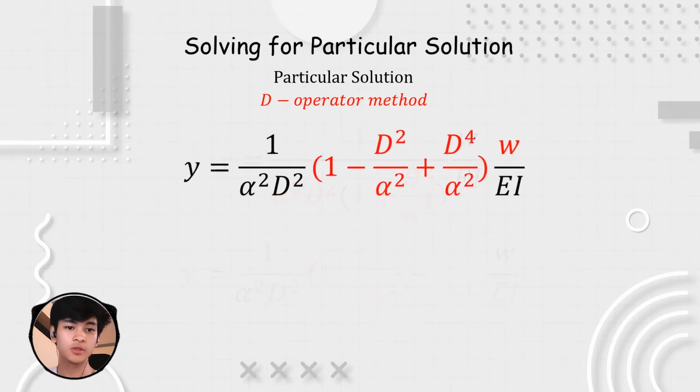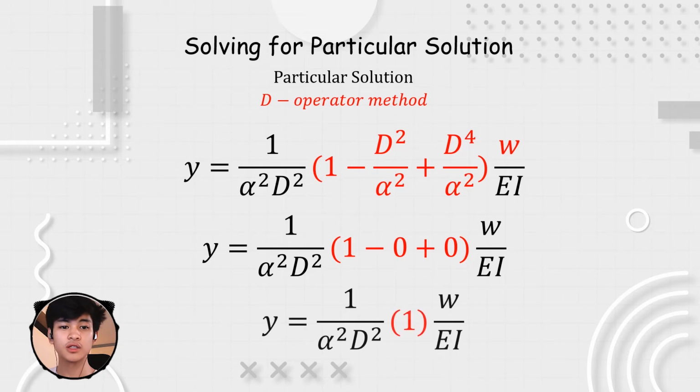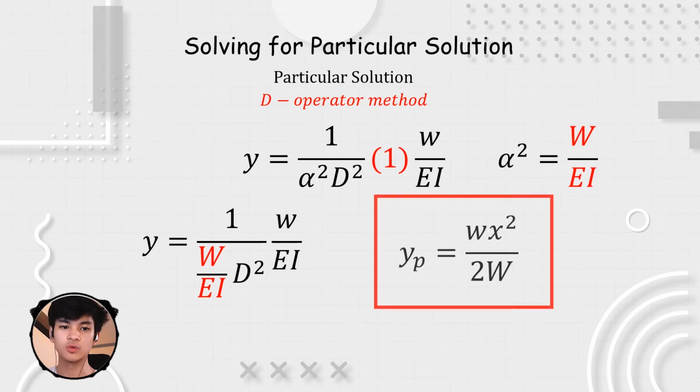We then distribute w from the expanded expression, so like the second derivative of w with respect to x is 0, and then fourth derivative of w with respect to x is still 0. Then that's 1 minus 0 plus 0, or simply 1. We simplify this using this substitution, and so we are left with this, wx squared over 2W.